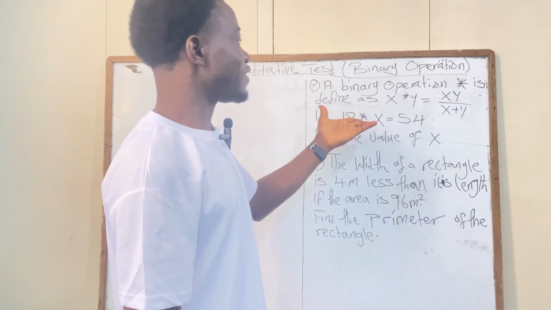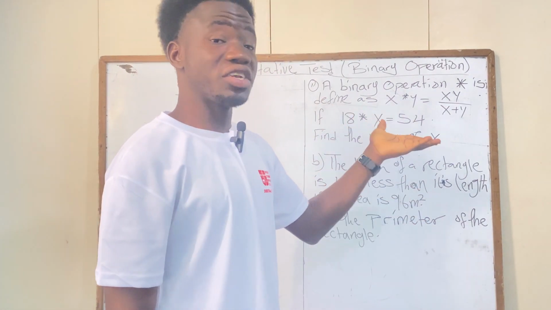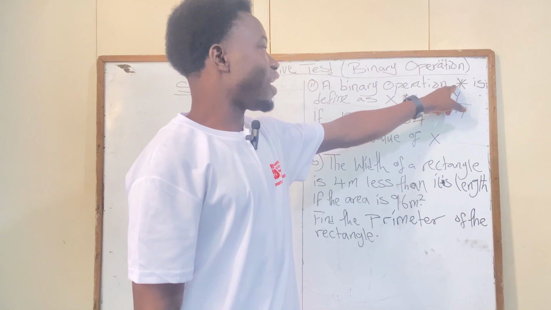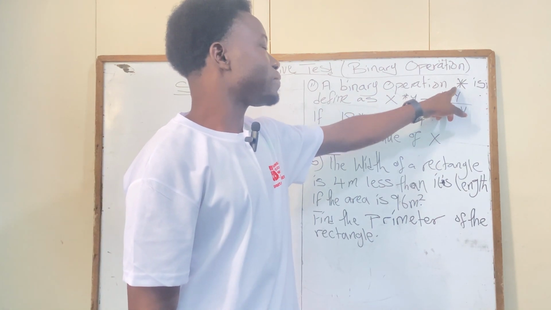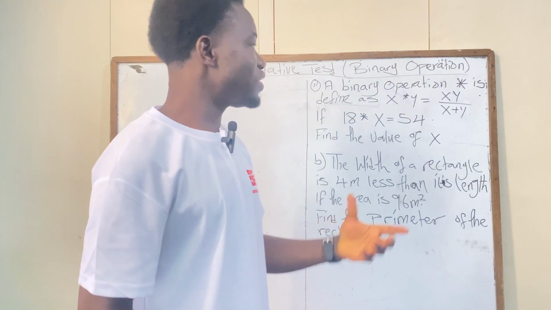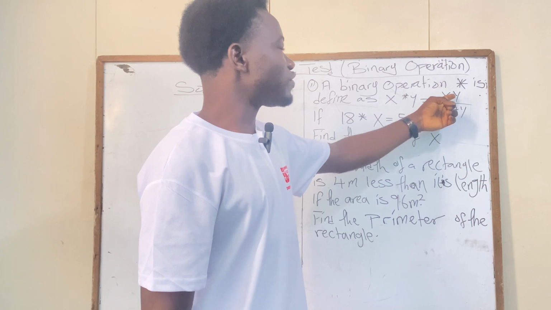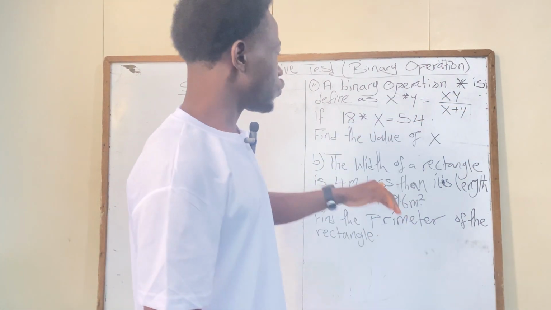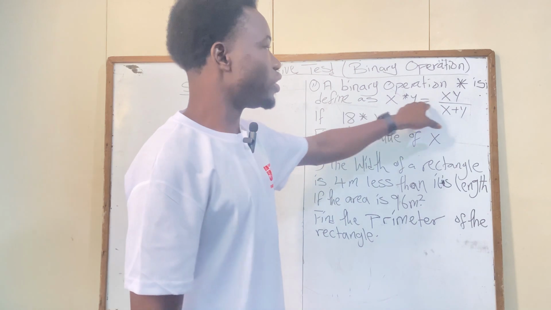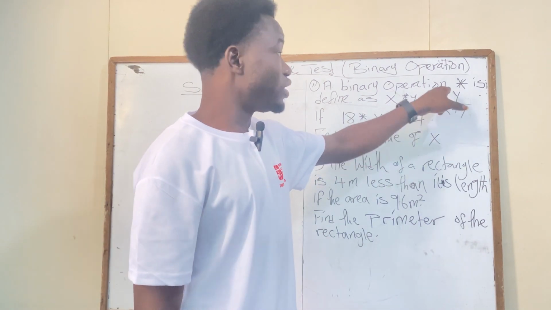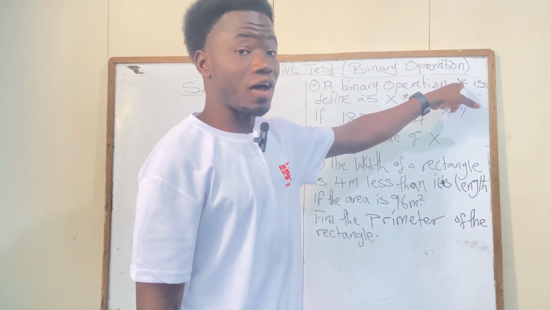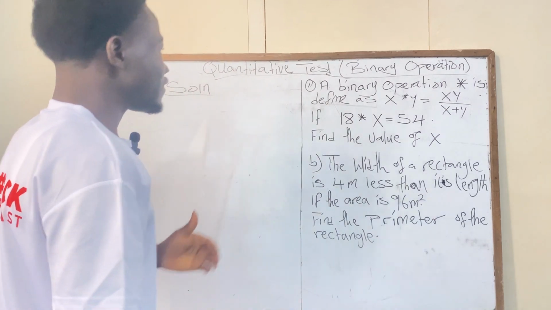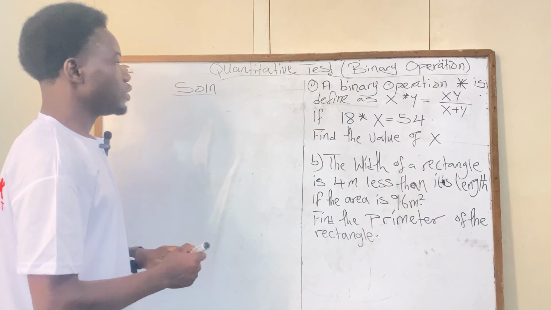So this is a binary operation question and the star is the operation. We are going to find this based on this particular definition of the binary operation star. And so let's quickly pick it.